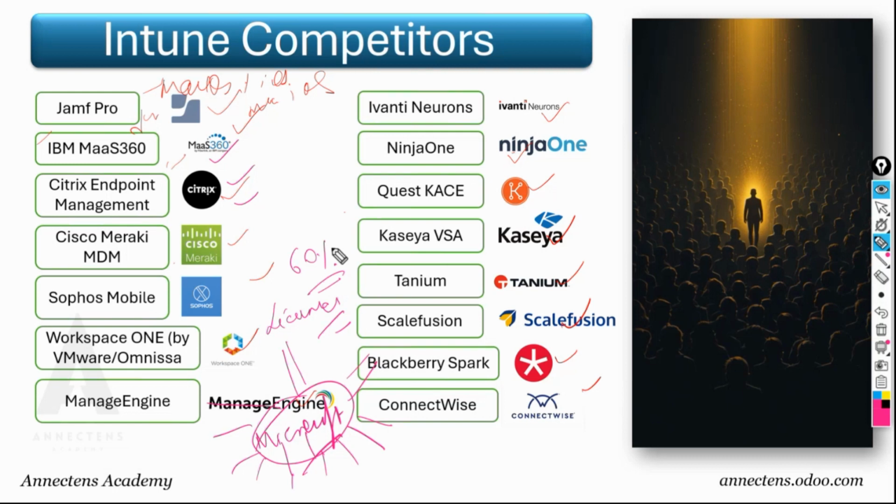That's why Intune is becoming the monster in the market, and that's why we are looking to learn something which has broken the market trend. So let's understand the next slide.